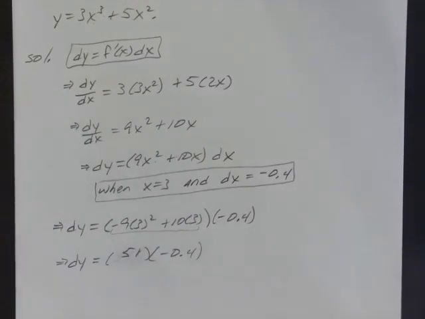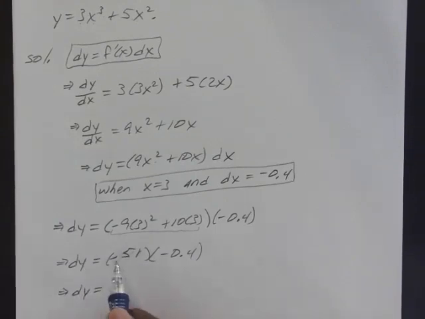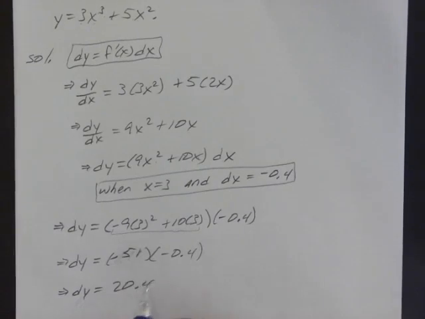Let me double check my answer before I put that down. Yep, 20.4. Okay, so your dy is equal to negative times negative is positive, so 20.4.